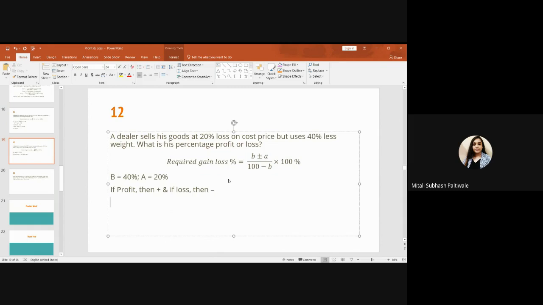Okay, you have to keep this thing in mind. Now, as he was getting a loss, we will be using minus.